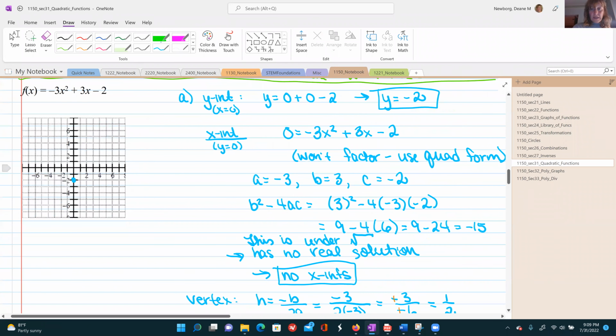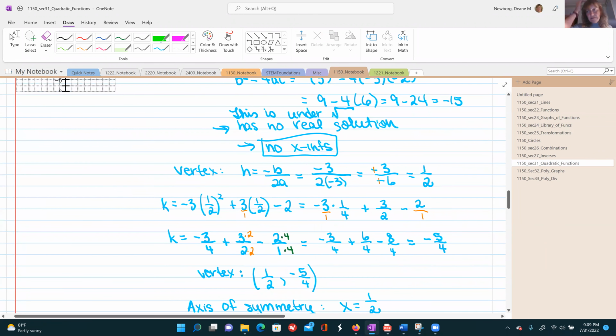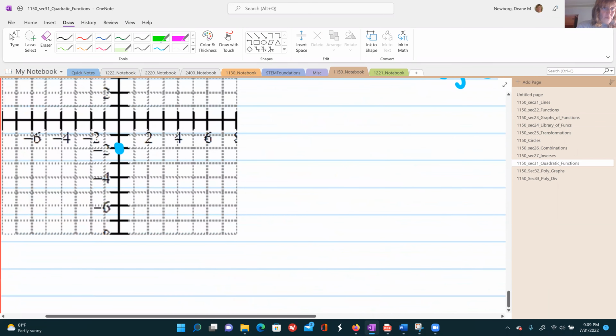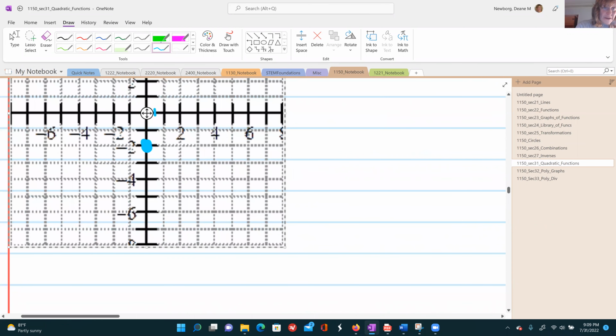The vertex was (1/2, -5/4), which is -1 1/4. Okay, so 1/2 would be right here, and then -1 1/4, about right there. That's all we have so far, and the axis of symmetry, which is the vertical line through the vertex.